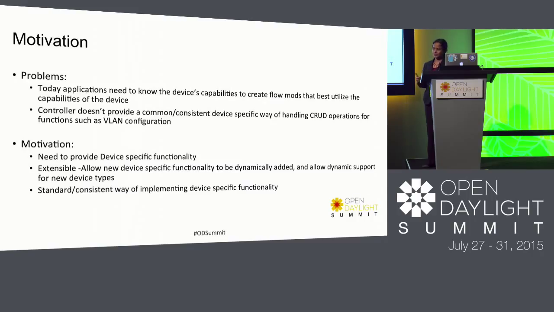Different devices may have different sets of instructions to configure VLAN. So if you take HP 3800, the VLAN configuration is different from HP 2920. So in order to achieve device-specific functionalities, the application needs to have the knowledge of the configuration or flow mods that has to be sent to the device. So this is the current problem that we have seen in ODL.